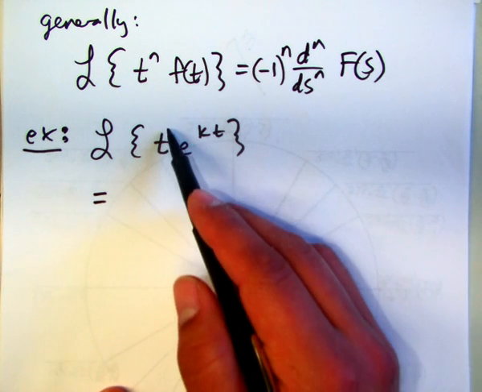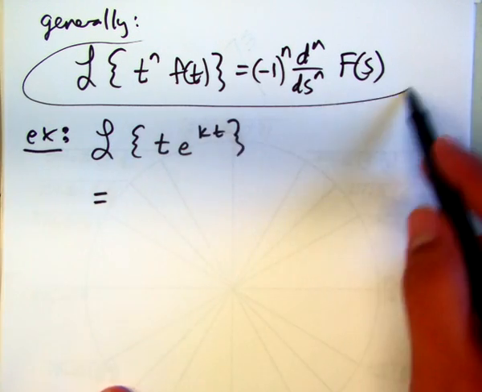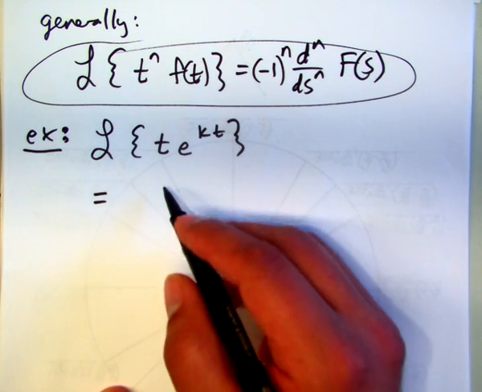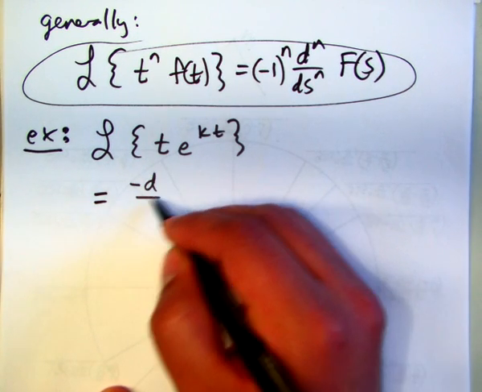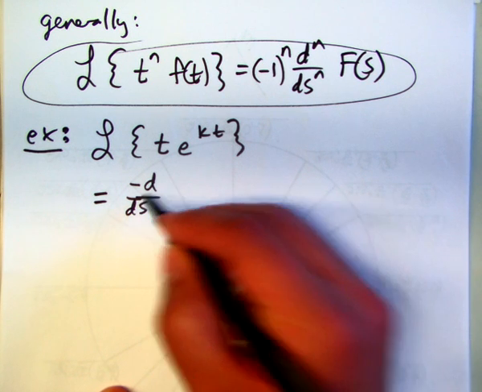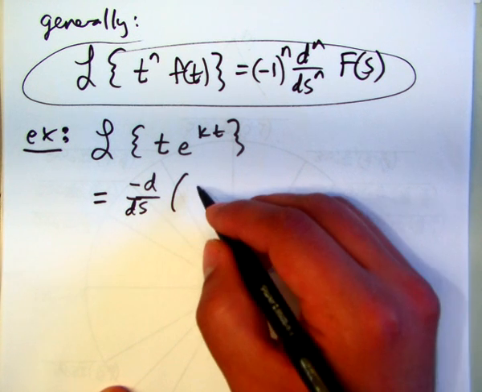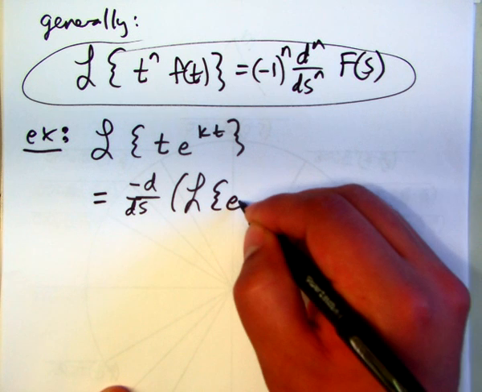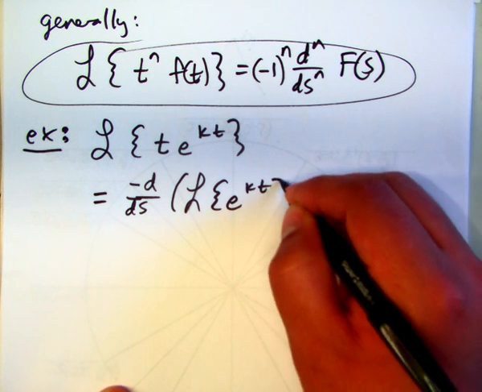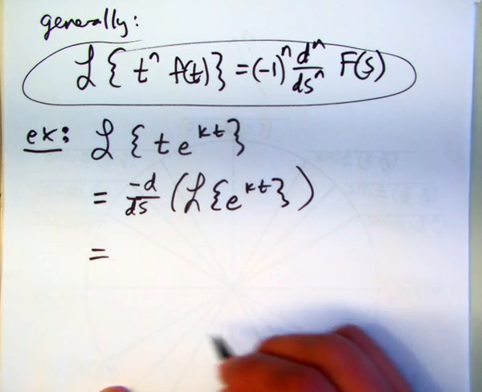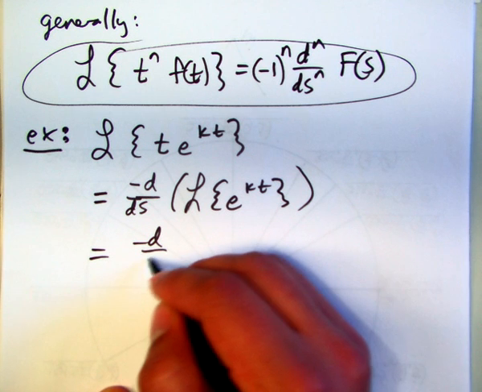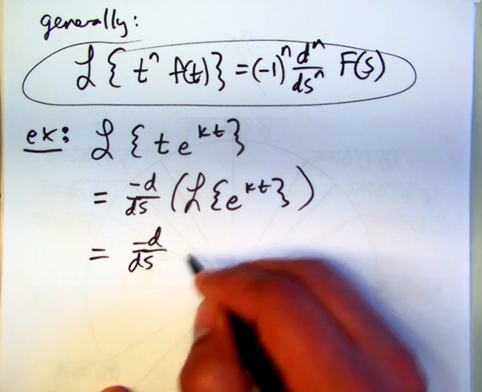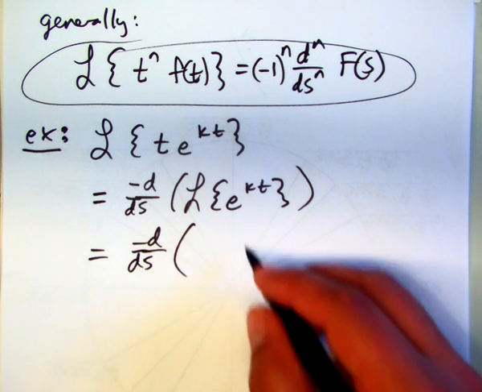Let's just kind of use this derivative technique, right? So all we're going to do is the first derivative of the Laplace transform of e to the kt. What's the transform of e to the kt?